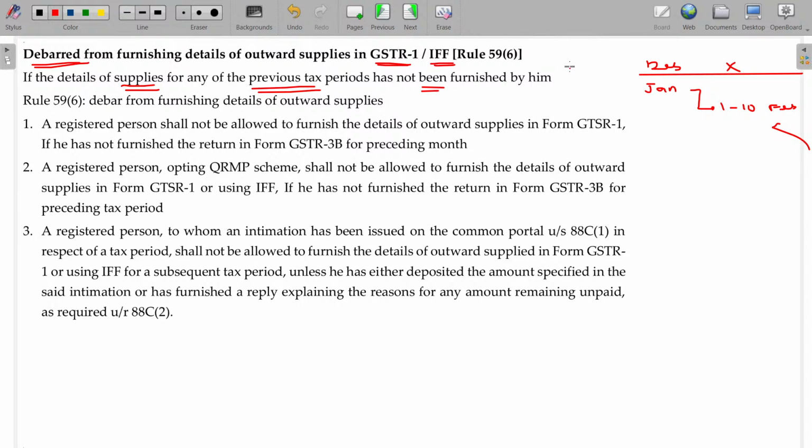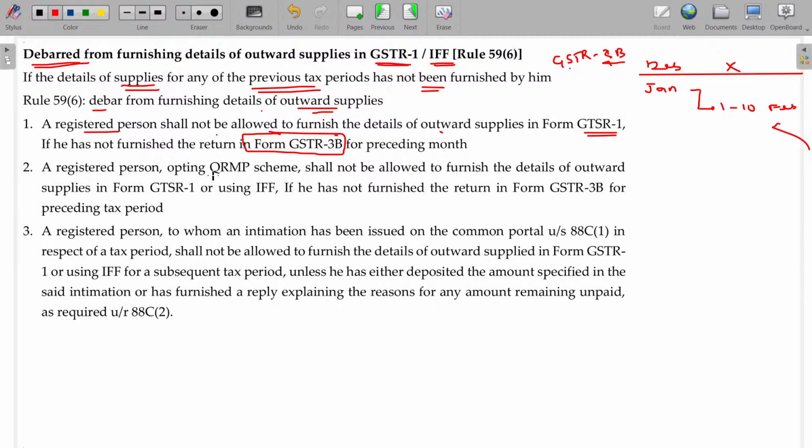Okay, that's the first thing. Debarment from furnishing details of outward supplies: a registered person shall not be allowed to furnish the details of outward supply in form GSTR 1 if he has not furnished the return in form GSTR 3B of the preceding month. If that month's GSTR 3B is not filed, then he is not eligible for this period.